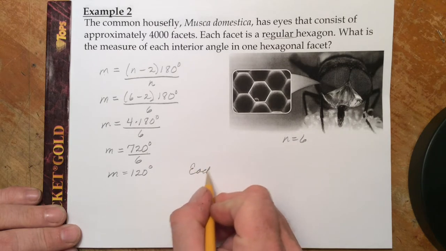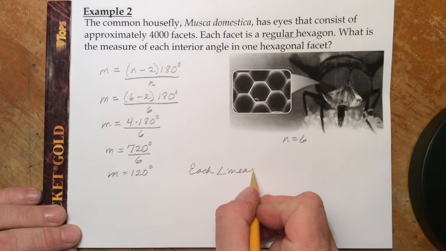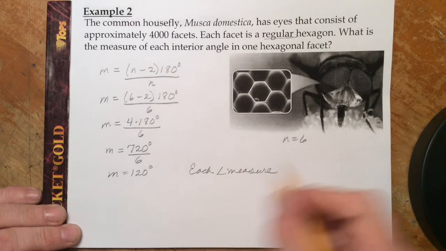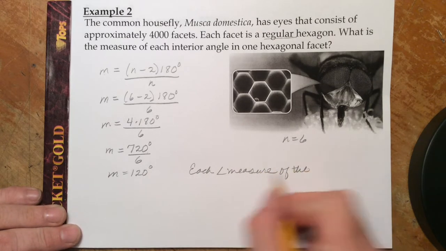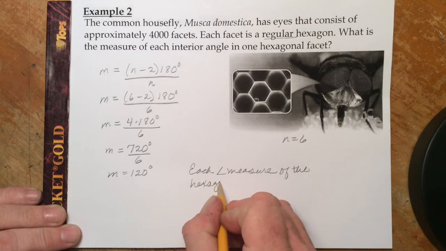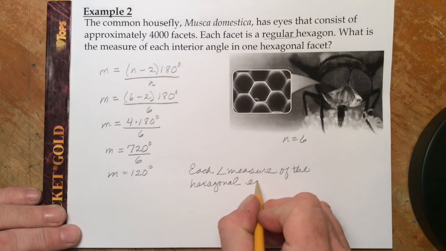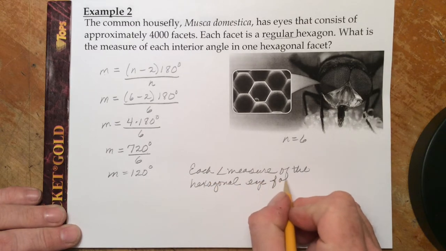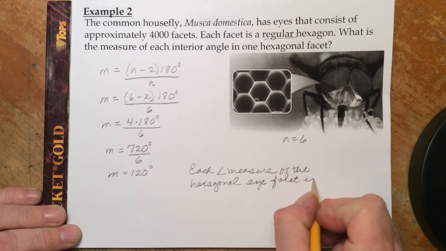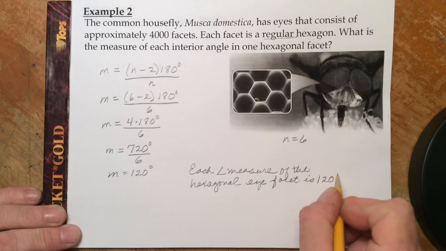So each angle measure of the hexagonal eye facet is 120 degrees.